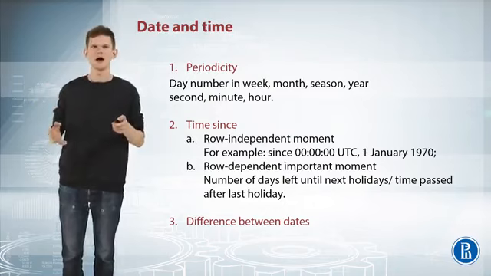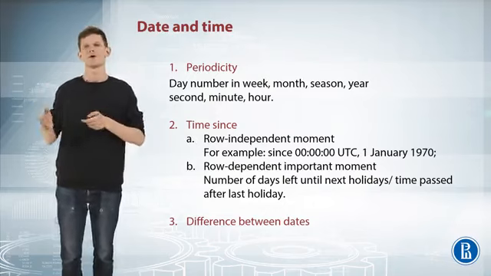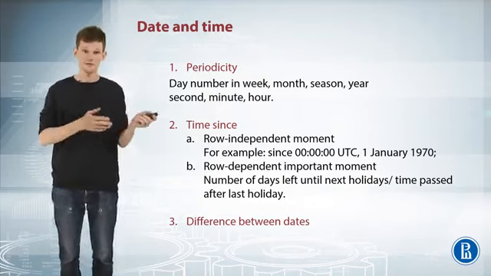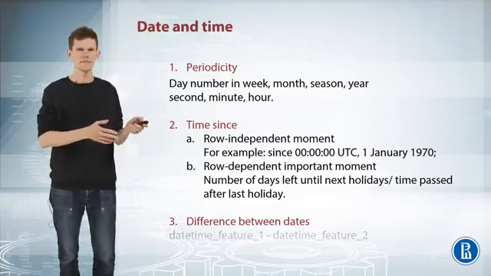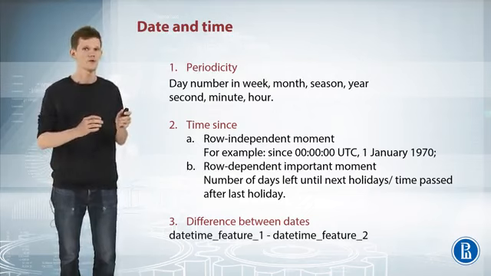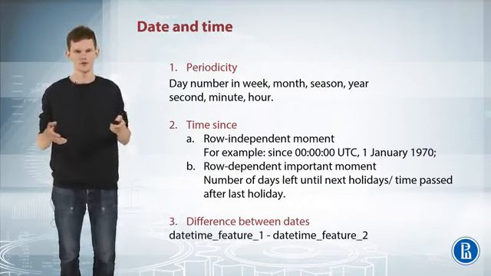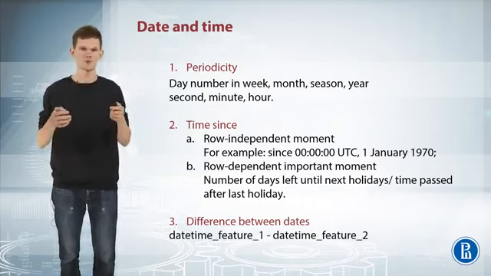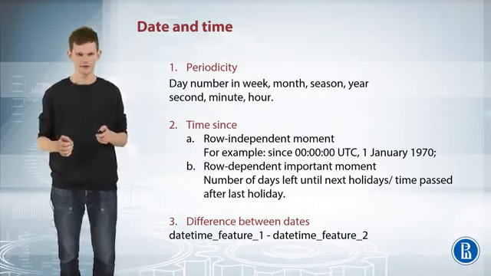This event can be either row-independent or row-dependent. In the first case, we just calculate time passed from one general moment for all data, for example, from year 2000. Here, all samples will be comparable between each other on one time scale.